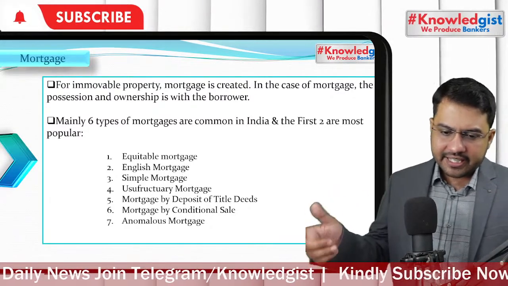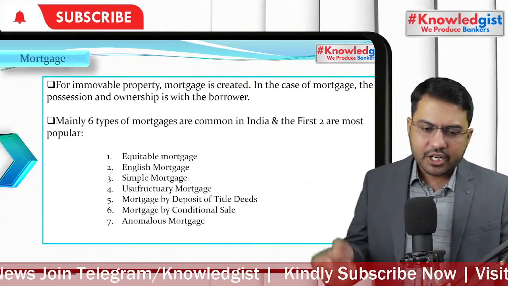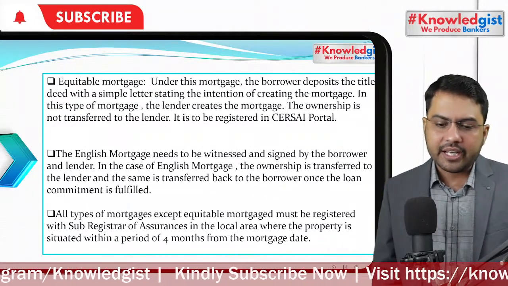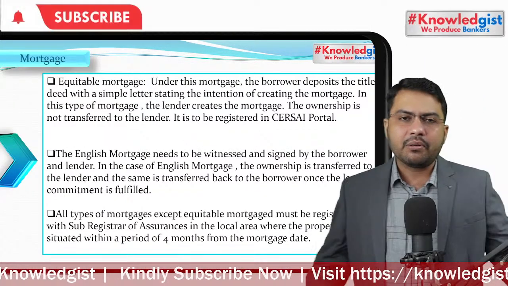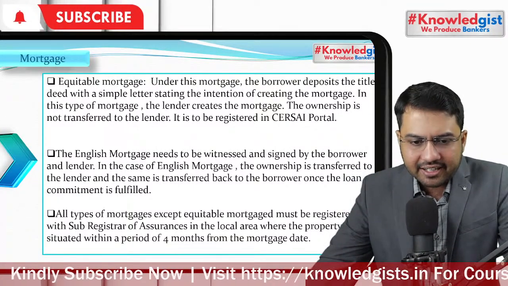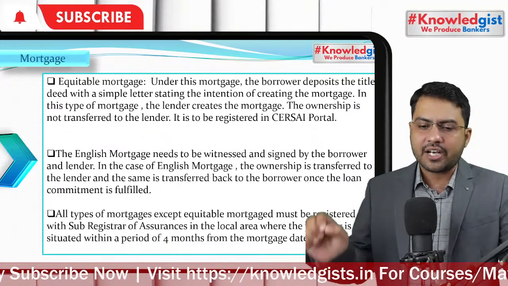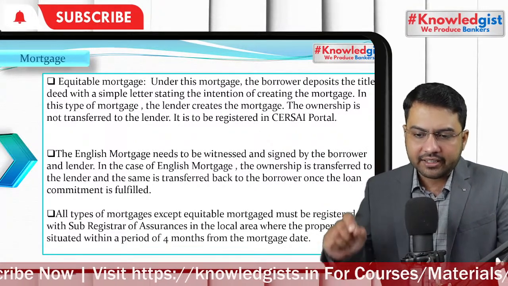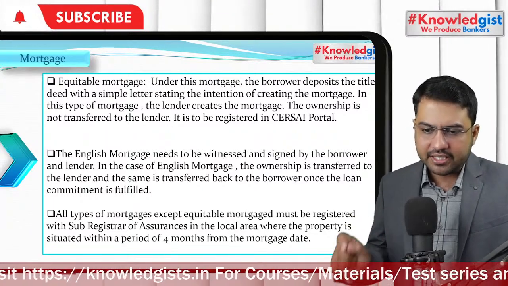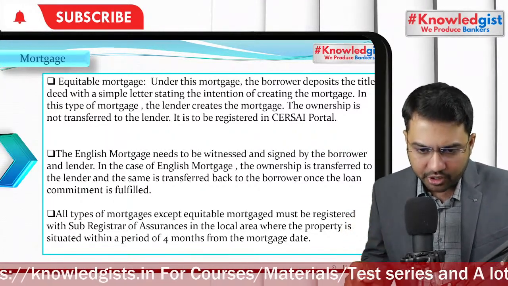Equitable mortgage, English mortgage, simple mortgage, usufructuary mortgage, mortgage by deposit of title deed, mortgage by conditional sale. Equitable mortgage means under this mortgage, the borrower deposits the title deed with a simple letter stating the intention of creating the mortgage. In this type of mortgage, the lender creates the charge. The ownership is not transferred to the lender.